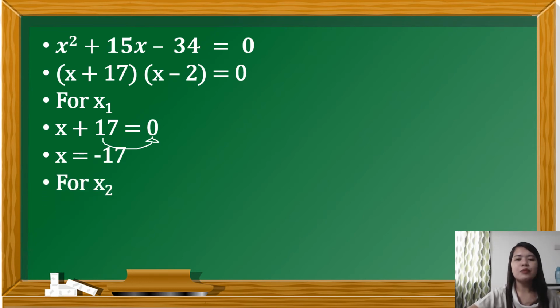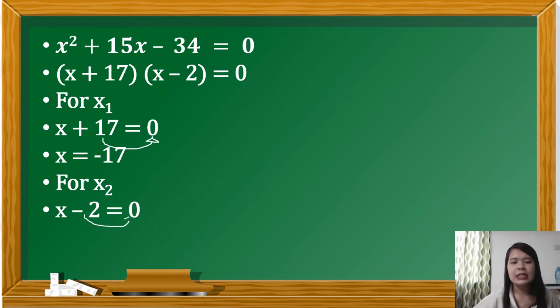For x sub 2, we have x minus 2 is equal to 0. Moving negative 2 to the other side of the equation to get the second value of x, we will have x is equal to 2. Kasi negative 2 nilipat sa kabila, magiging positive 2.